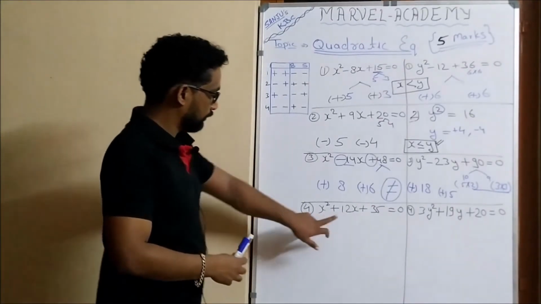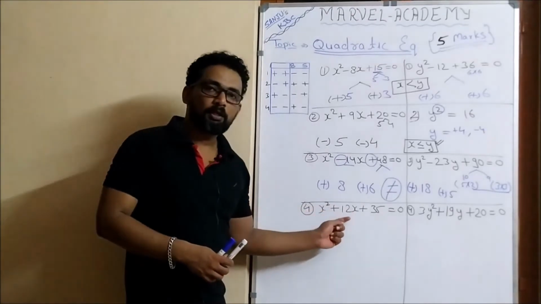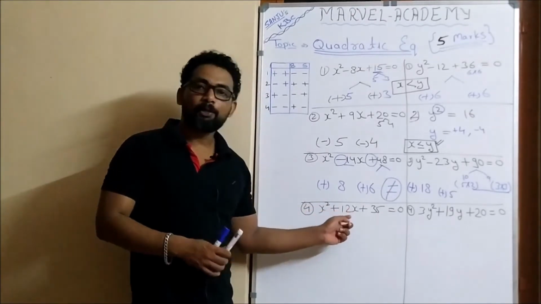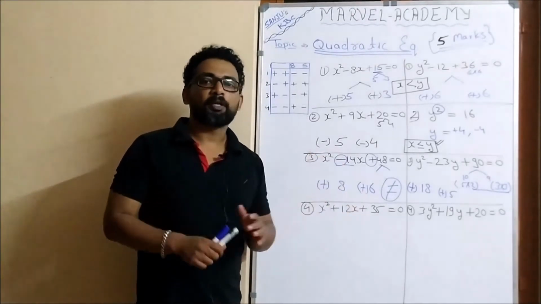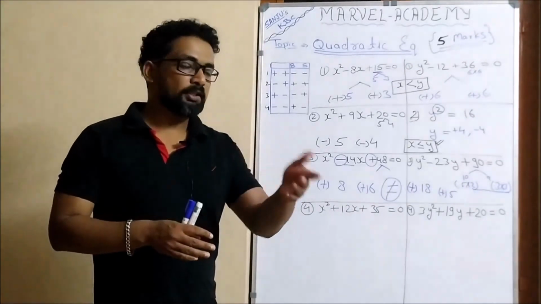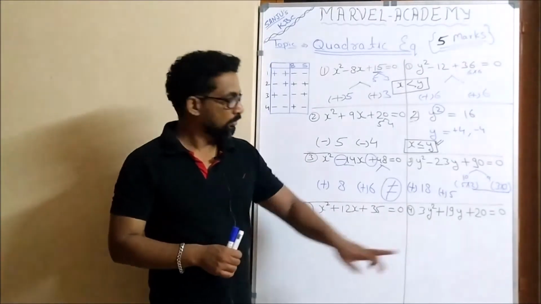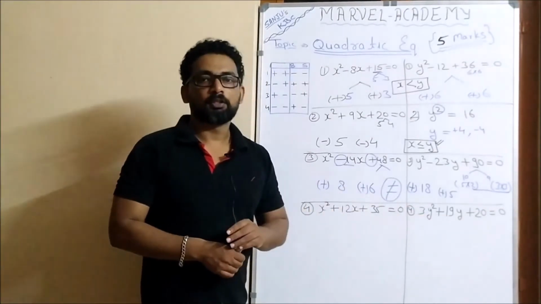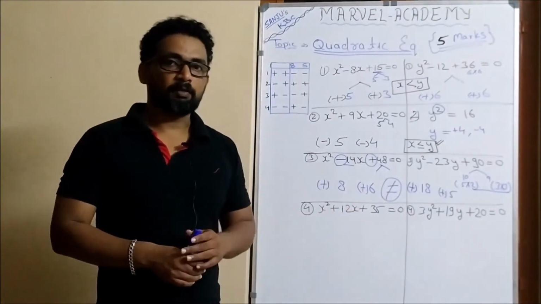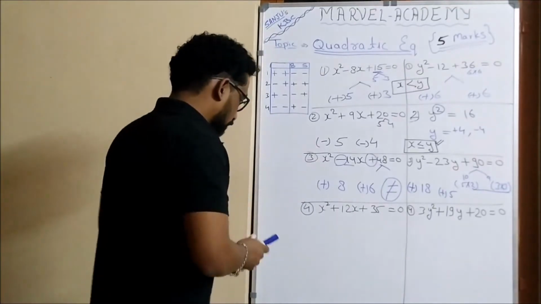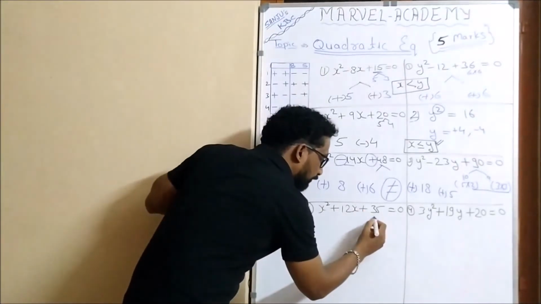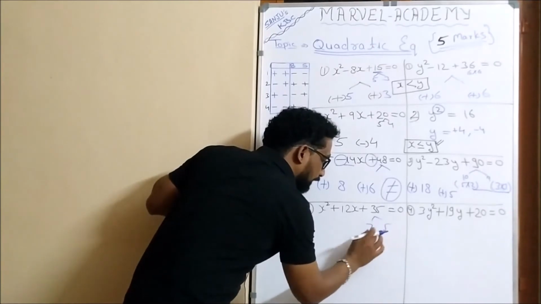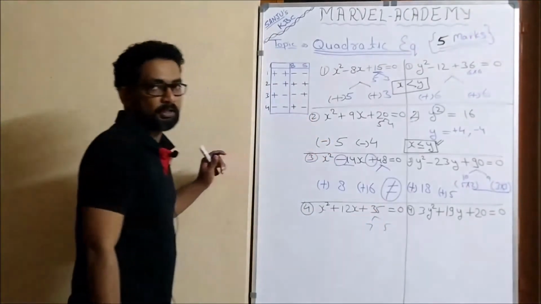Next question. Here, remember one thing, when the middle value is an even number, both the factors will be either even or odd. If the middle term is an odd number, definitely one factor will be even and another factor will be odd. Okay, so by factoring 35, I get 7 into 5 as 35.